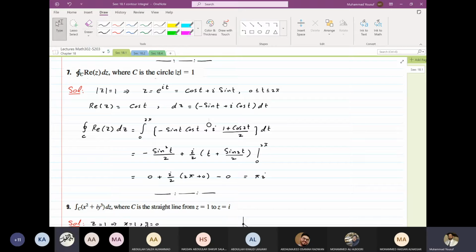Can you repeat z equal e to the power it? Why do we write it like that? Because the absolute value of z is equal to 1, and the absolute value of e to the power it is 1. Why? It is equal to cosine t plus i sine t, and the absolute value of cosine t plus i sine t is the square root of cosine squared plus sine squared, and that is equal to 1.